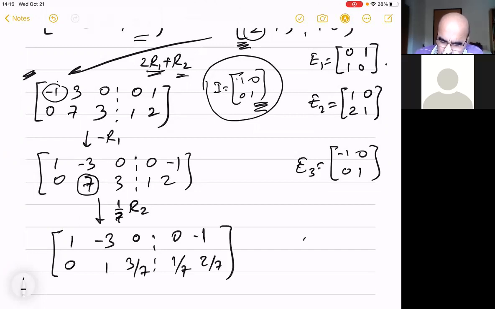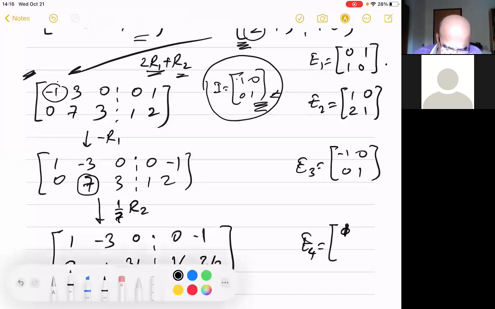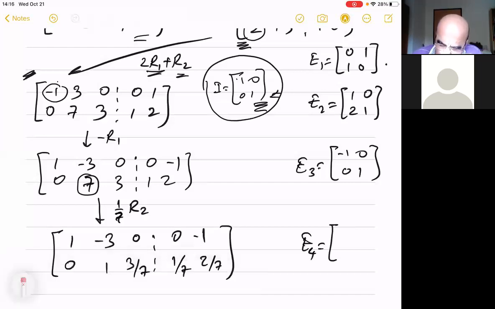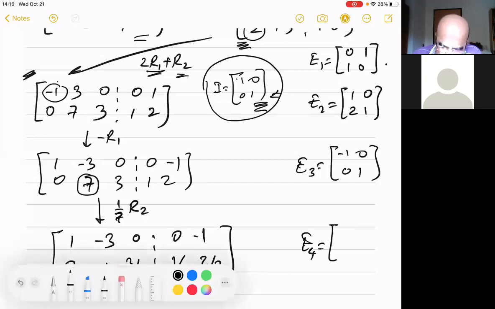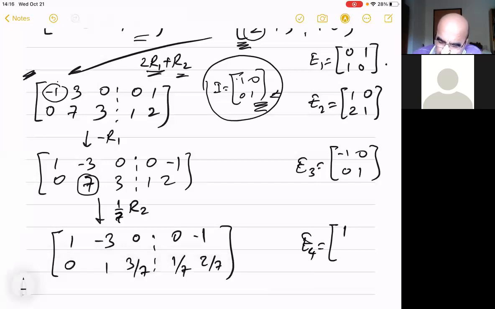And this E4 would be, you multiply the second row by 1/7. So 1, 0, 0, 1/7. Remember, this is epsilon 4 times identity. Epsilon 4 is this one.